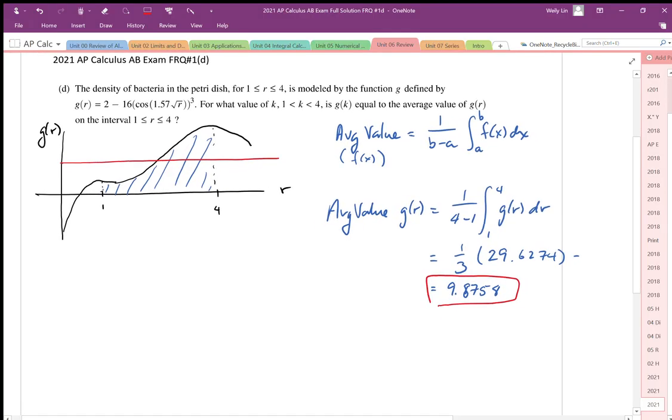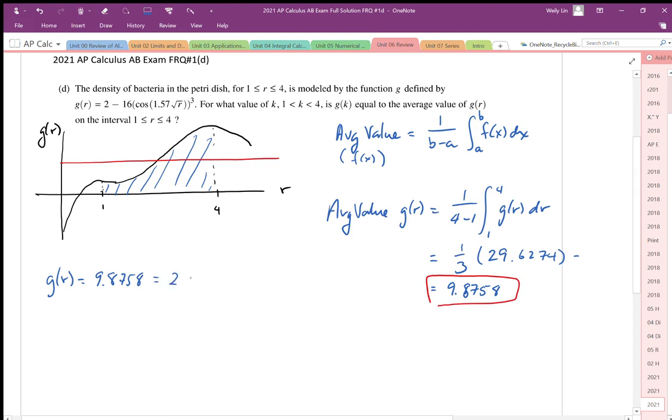Once I've solved for the average value, the second part is I need to find where the function g of r is equal to that average value of 9.8758. And this is then equal to our g of r function.